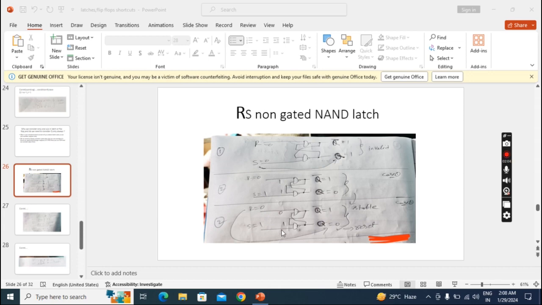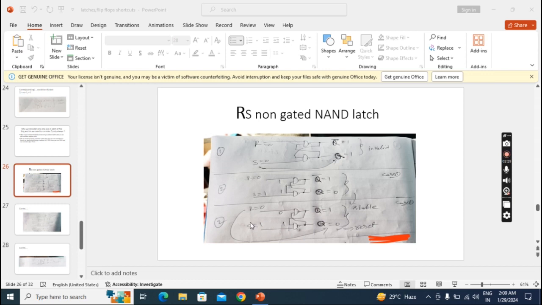So when I apply R equal to 0, S equal to 1, what am I getting? Q 0. In the first lecture in SR, when I took S equal to 1, R equal to 0, what did I get? Reset, Q 0. Here also I got the same, right?